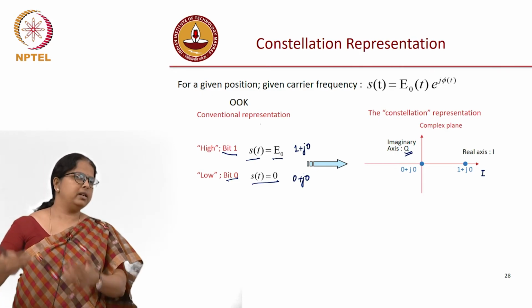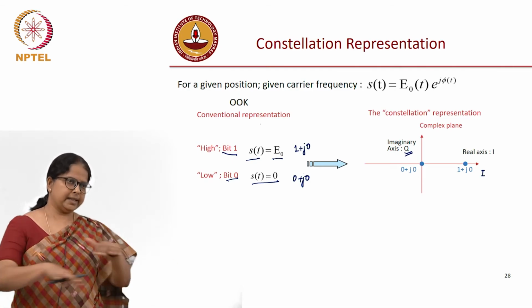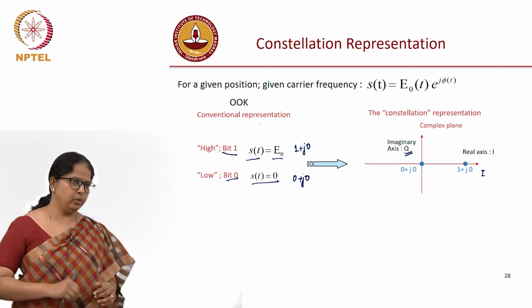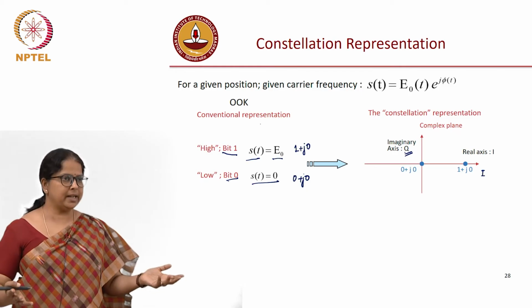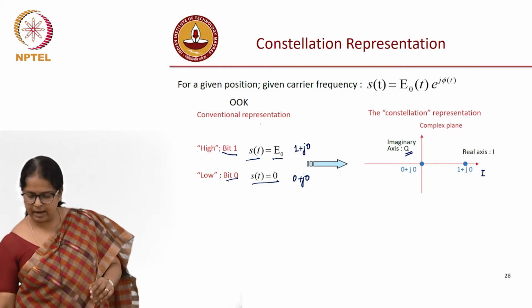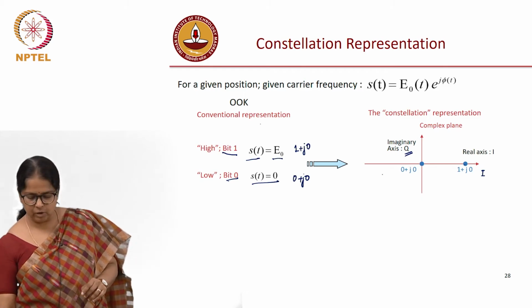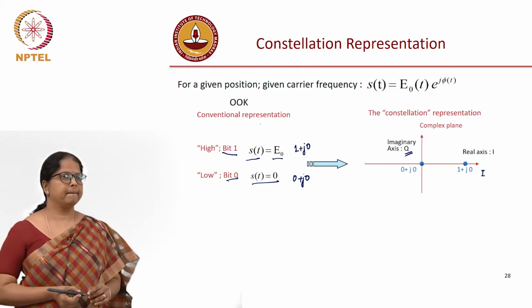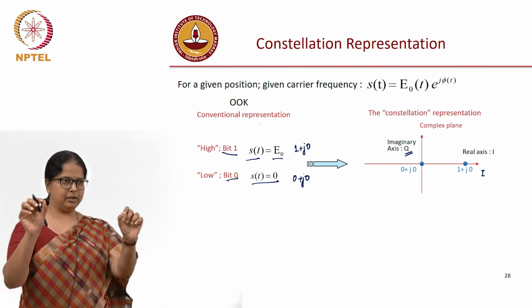We will talk more about in-phase and quadrature a little later, but let us take x as I and y as Q. How do I represent these two states? The possible states are 1 plus j0, which means it is on the x axis, and 0 plus j0, which is here. These two dots that I am putting are your constellations.